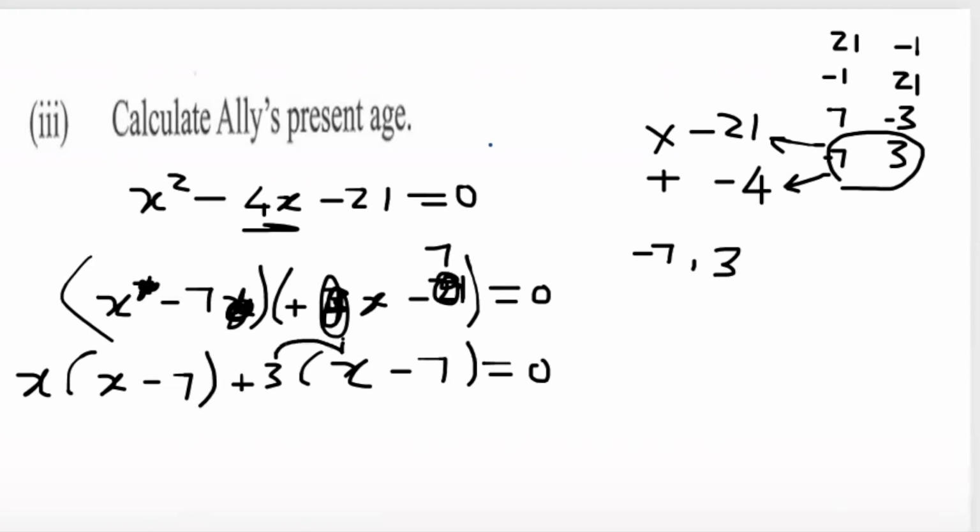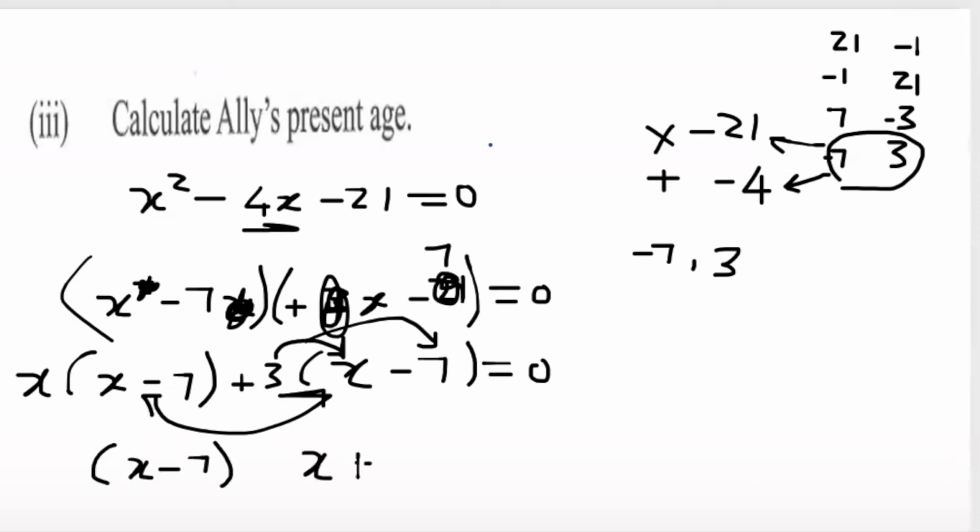Always check to ensure that you get the above: 3 times x, that gives me 3x, and 3 times minus 7, that's negative 21. After doing this and having both brackets being the same, I write it once, so I have x minus 7, and we group the outside, which is the x and the plus 3.